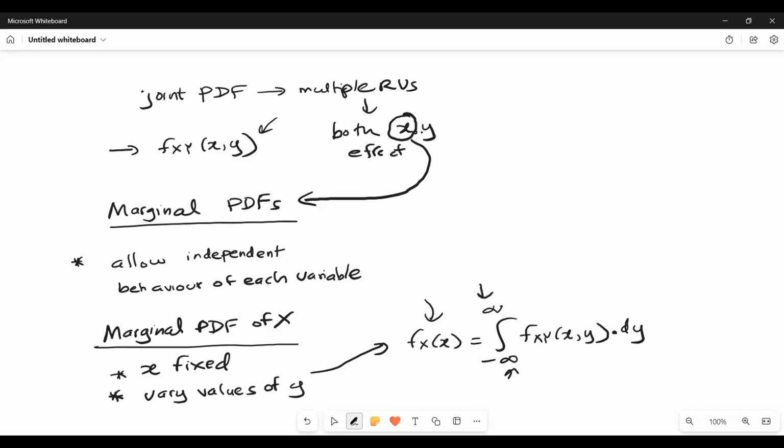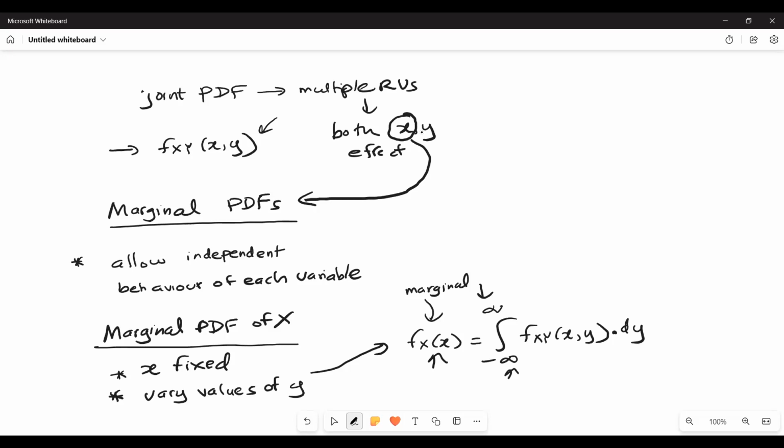So this is called the marginal PDF of X. This is known as the marginal PDF of X, and it is basically defined where I'm changing the value of Y and I keep the value of X fixed.